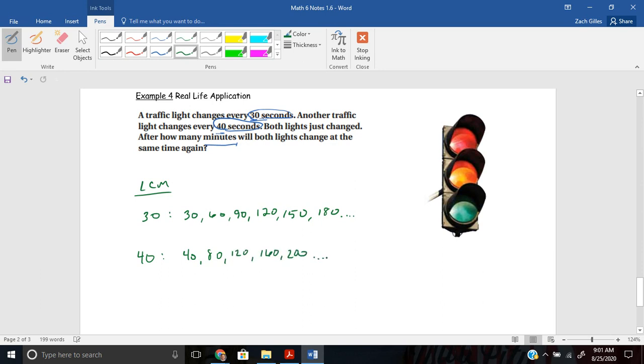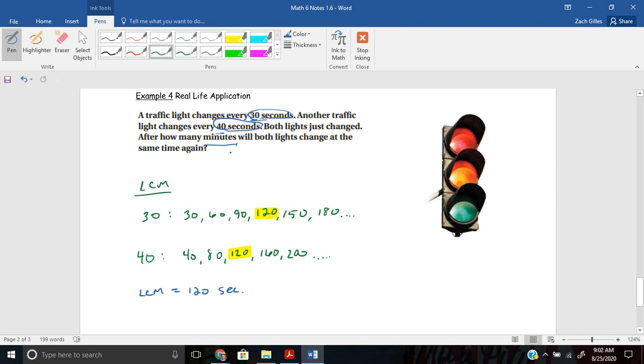And remember, we're talking about seconds here. So let's check and see. Do we have a common multiple now? Let's look. Oh, I see one, 120. And that's definitely the least. So the least common multiple is 120. And remember, that's in seconds.